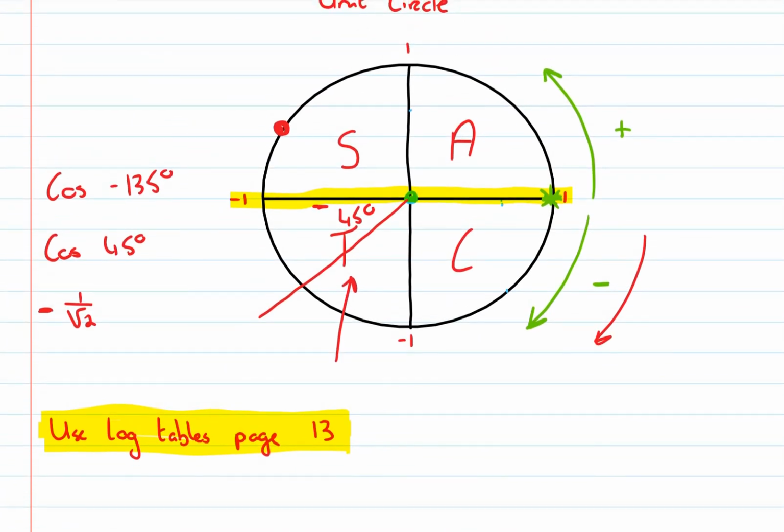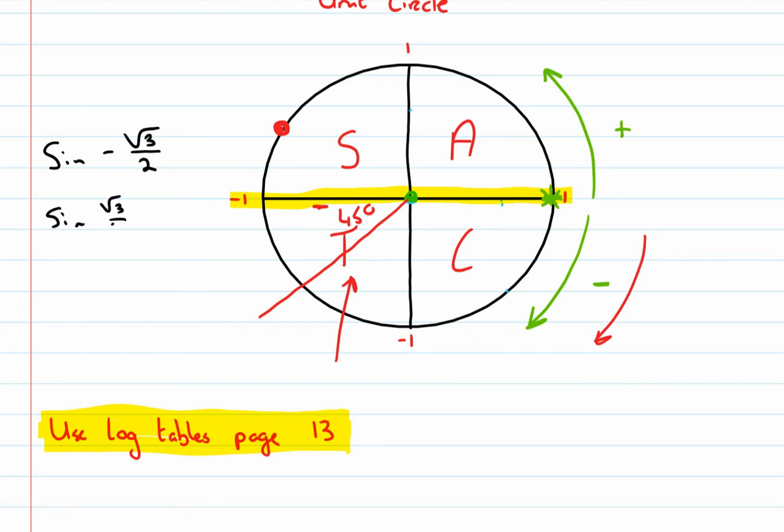So I'll do it up here. Sine minus root 3 over 2. Well, sine of root 3 over 2 equals 60 degrees. Okay, so we have 60 degrees here.